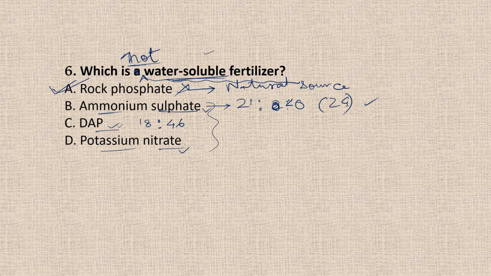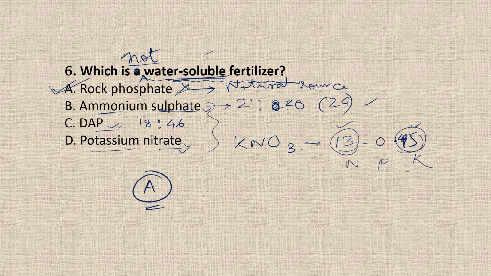DAP is also water soluble, and potassium nitrate, that is KNO3, is also water soluble. So this is basically known as 13-0-45. So you can guess that it contains 13% of nitrogen and 45% of potassium, and this is also water soluble. So option A is the right answer. Only rock phosphate is not water soluble. Somewhere you will find DAP written as almost water soluble, but in most places you will find that it is totally water soluble. Okay.